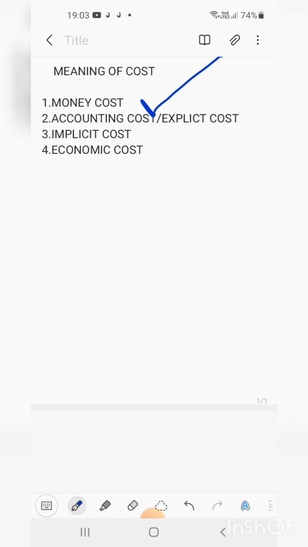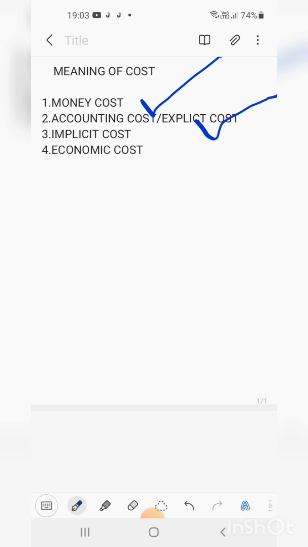Then I will tell about what we mean by accounting cost or explicit cost. Accounting costs are those monetary payments made by the producer or entrepreneur while hiring factor inputs or buying machines and raw materials.